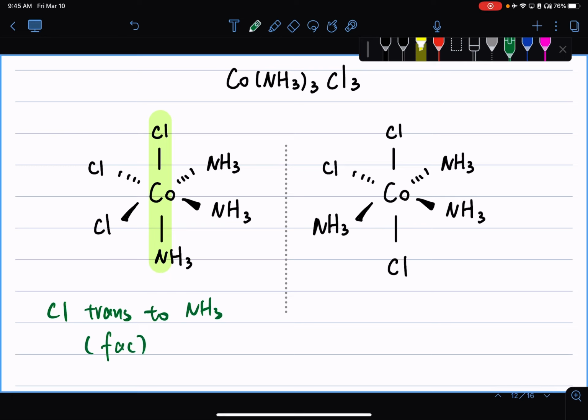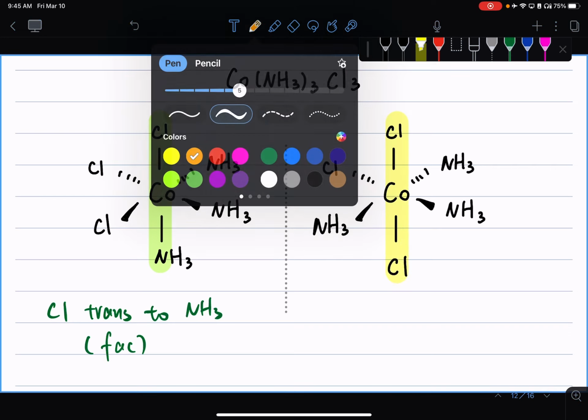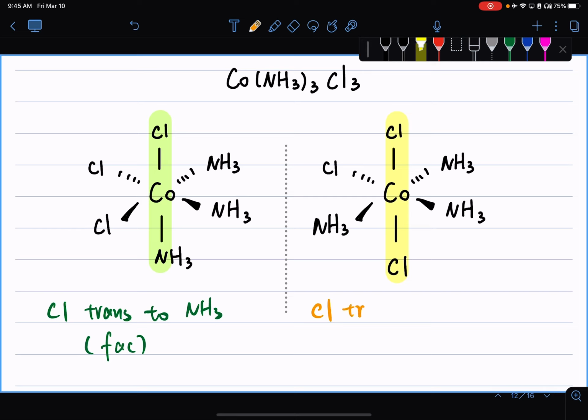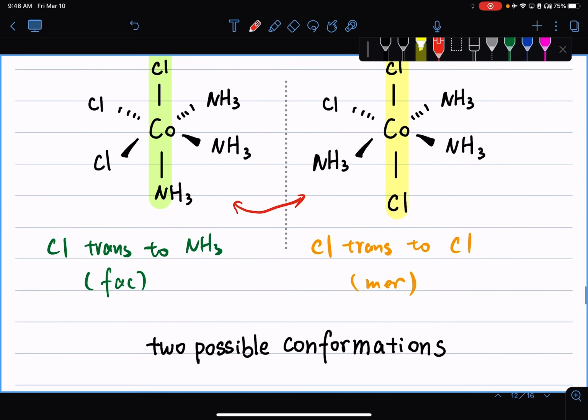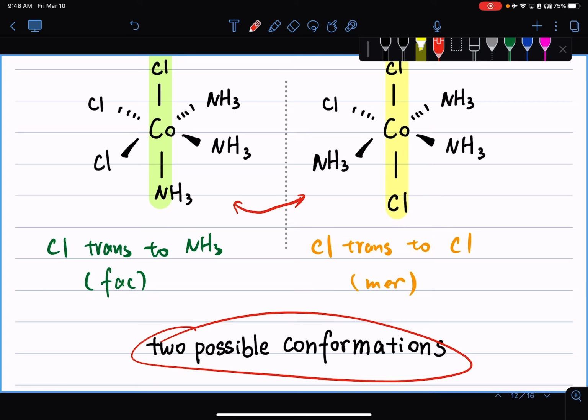And on the right-hand side, if you have a chloride that's trans to another chloride, we call it MER. So the relationship between these 2 structures, they have the same molecular formula, but different 3-dimensional structures. So the relationship here are called 2 different conformations.